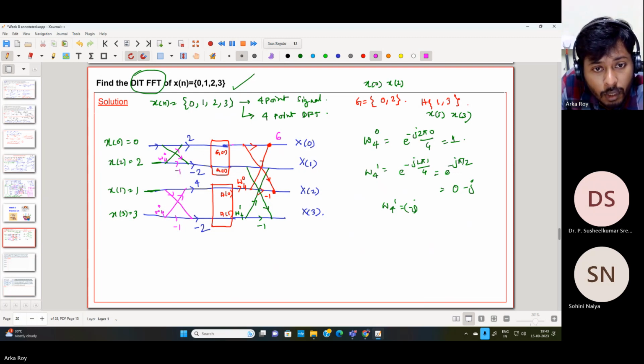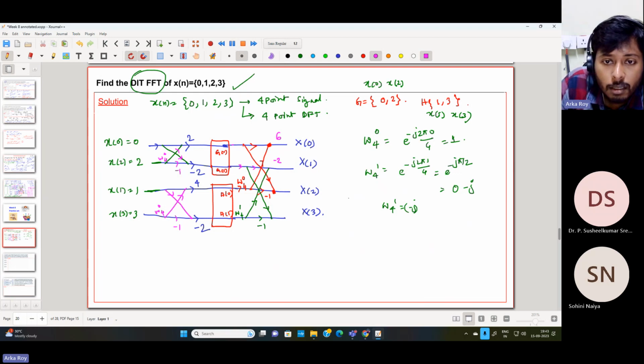Then for this x1, at this particular position, -2 is coming from this side, followed by -2 multiplied with this thing. So this thing is nothing but -3. So it would be plus 2j.